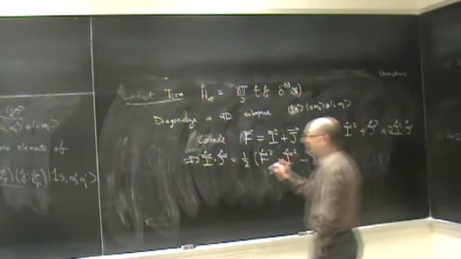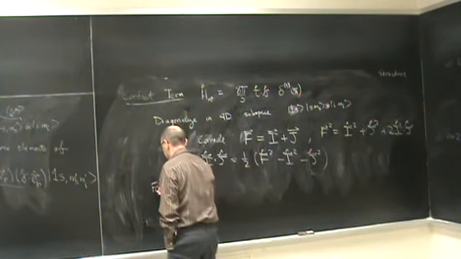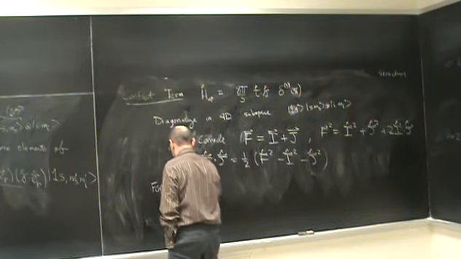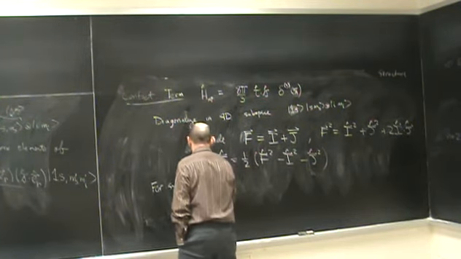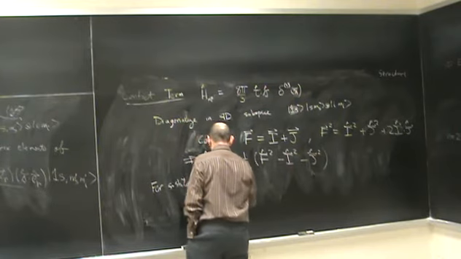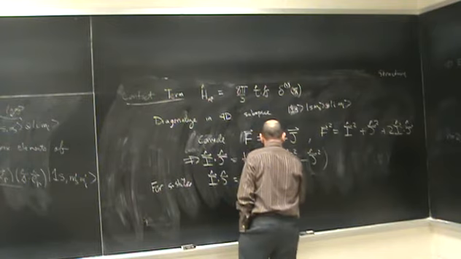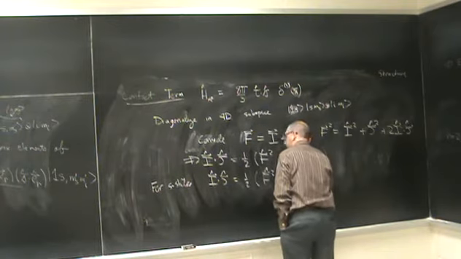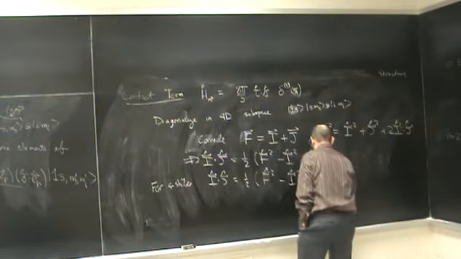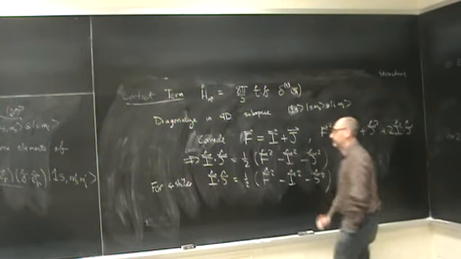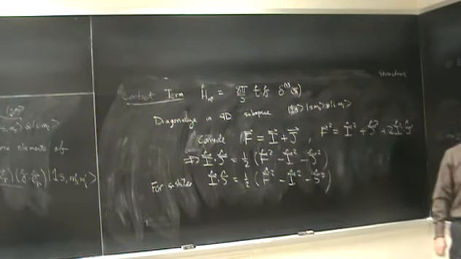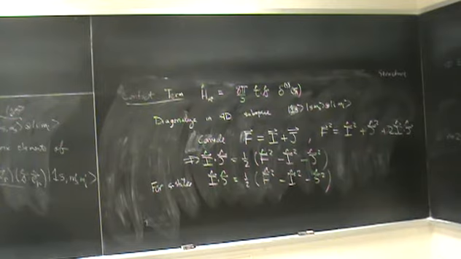For S states, it's the same thing as I dot S, where L is 0.